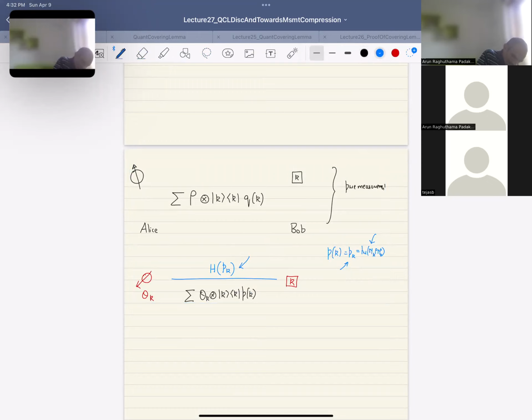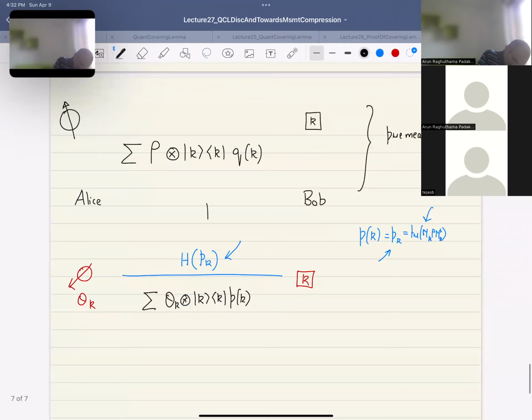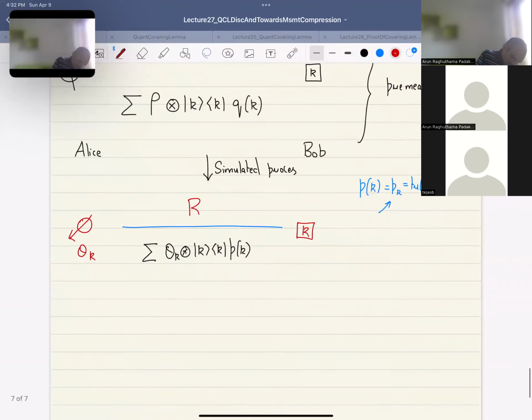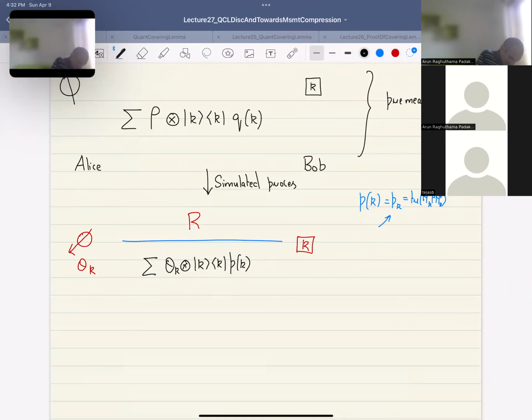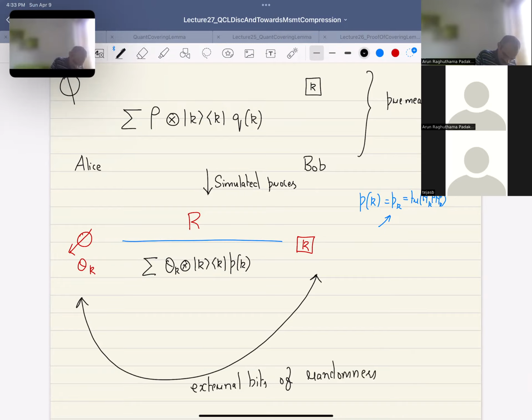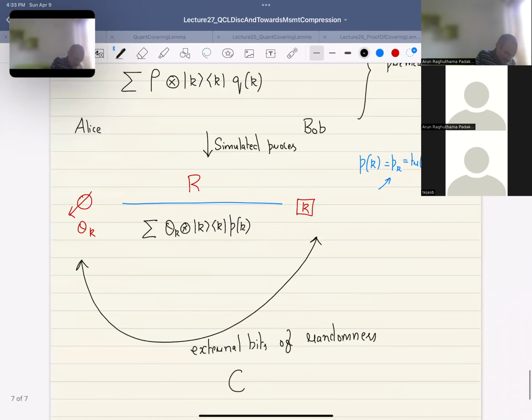I will do some simulated process. And suppose I give them some external bits of randomness, some C bits of randomness. So C bits completely independent of the quantum state.